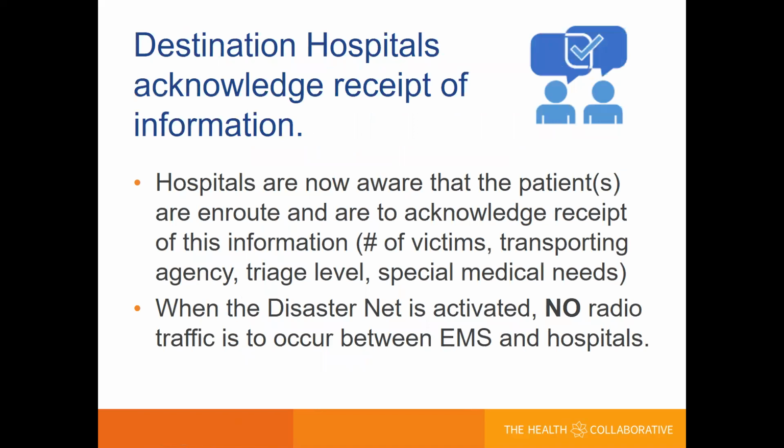By using DisasterNet to coordinate incident operations and transportation, EMS will not need to contact the emergency departments directly. The destination hospital will acknowledge receipt of the information over the radio from Net Control. When DisasterNet is activated, no radio traffic is to occur on the net between EMS and hospitals.